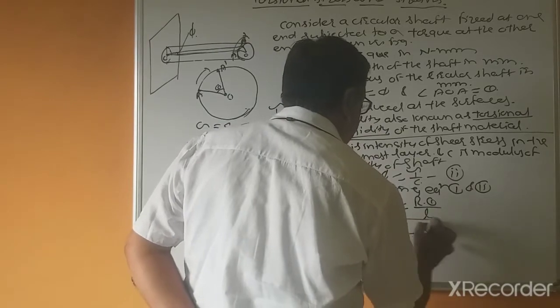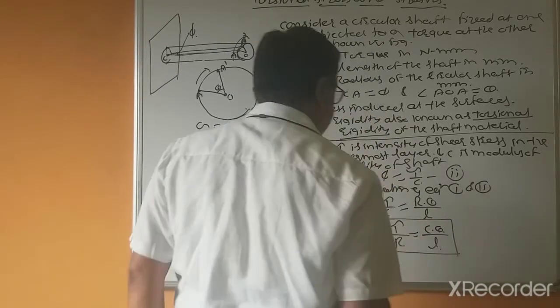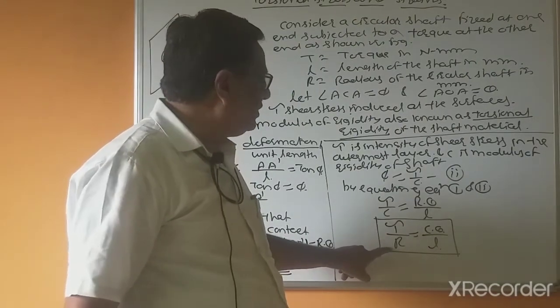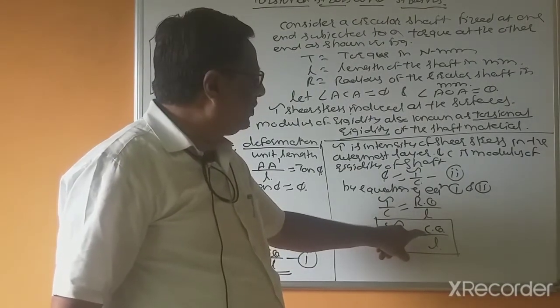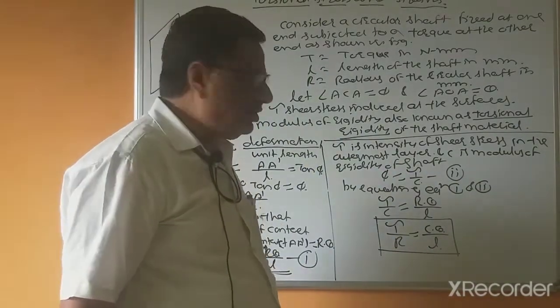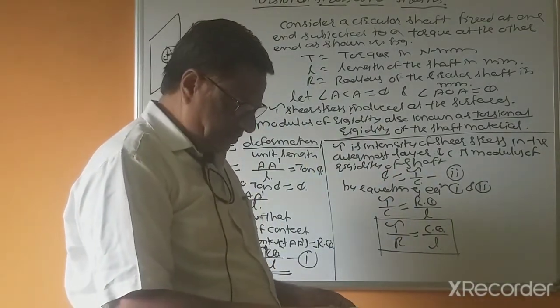So this is the important relation. Tau is the shear stress at the outer fibers, R is the maximum radius, C is the modulus of rigidity, theta is the angle of twist, and L is the length of the shaft.